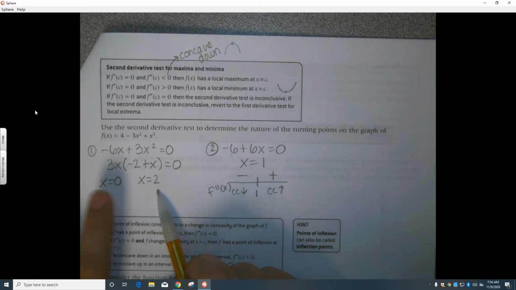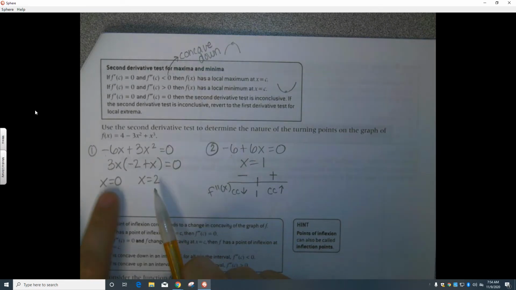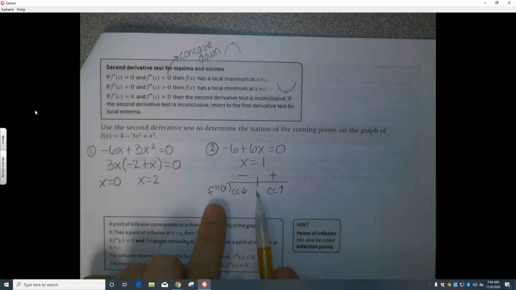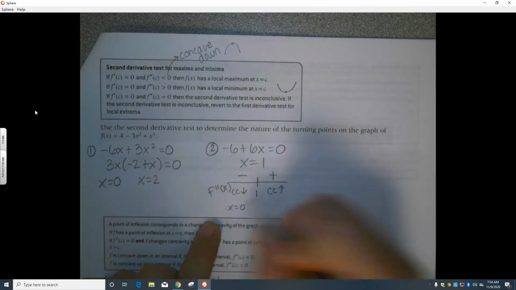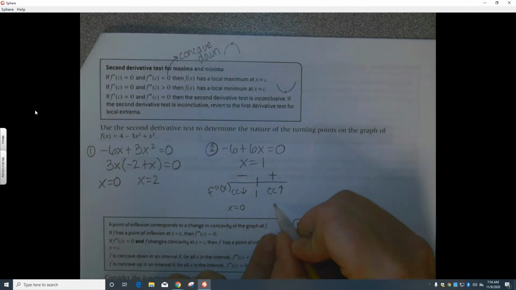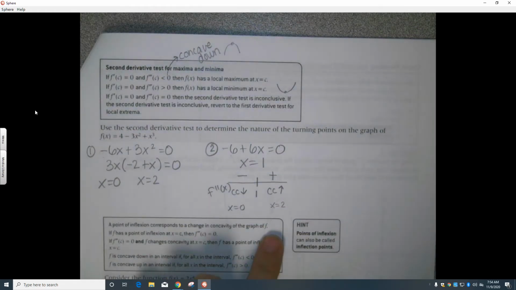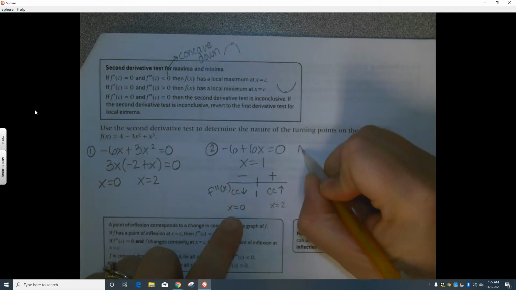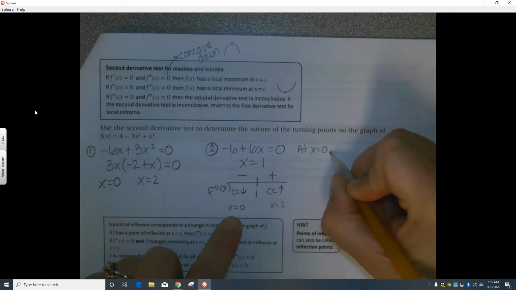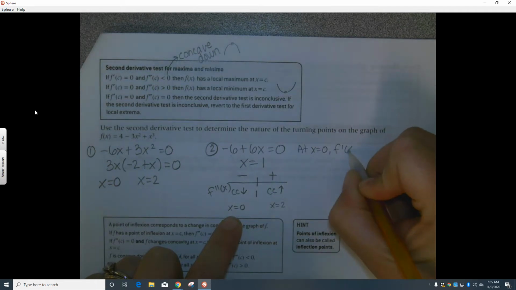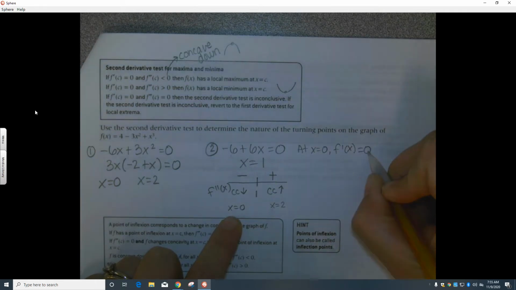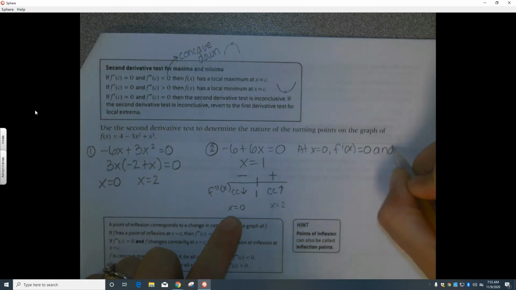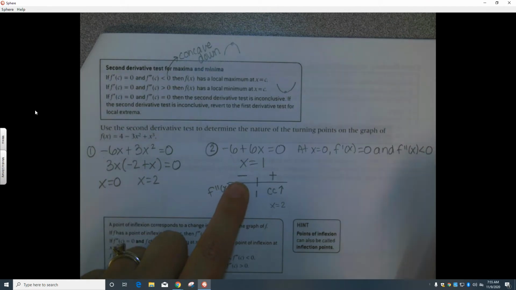So if I look at my two turning points here, x equals 0 falls in this range on the left-hand side. I'm going to just write x equals 0 over here, and x equals 2 is over here. So now we're going to write our statements. We're going to say at x equals 0, f prime of x was 0, and f double prime of x was less than 0.